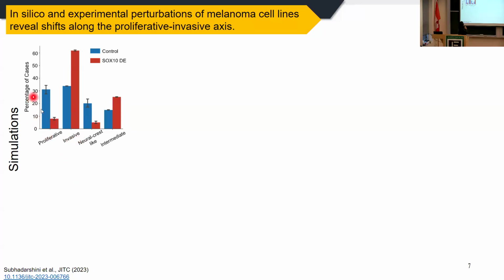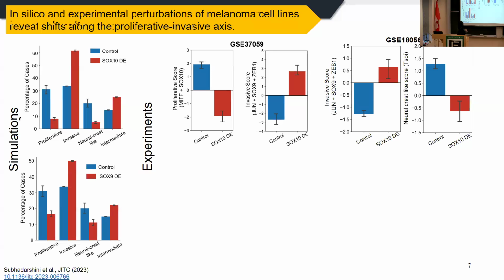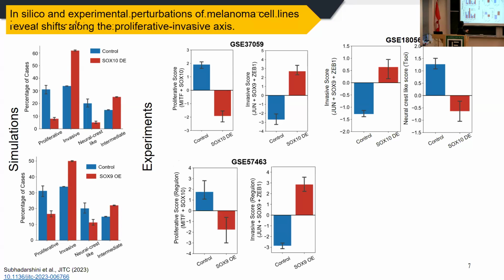So you see that the proliferative population decreases, the invasive population increases, and the neural crest and intermediate show these types of trends. And then we can also see whether our simulation results are seen in experimental data. So for this, we analyzed bulk transcriptomics data, which had SOX10 down-expressed, where there was an shRNA which stops SOX10. Similarly, we can upregulate or overexpress any of the transcription factors and see the trends.